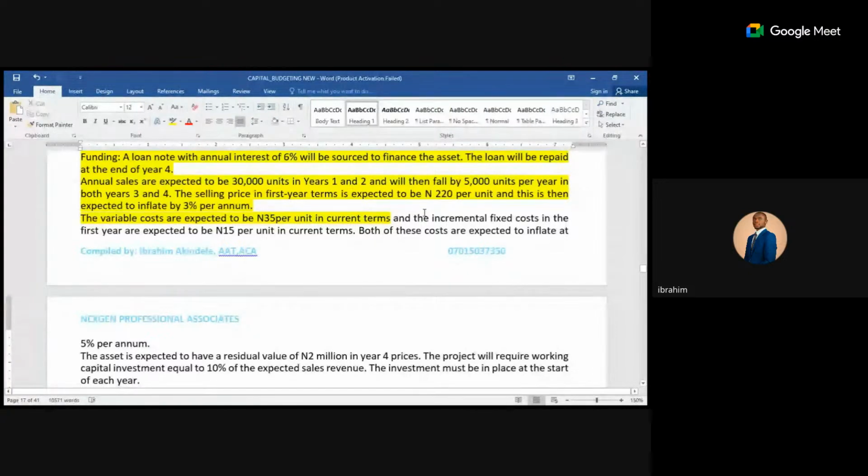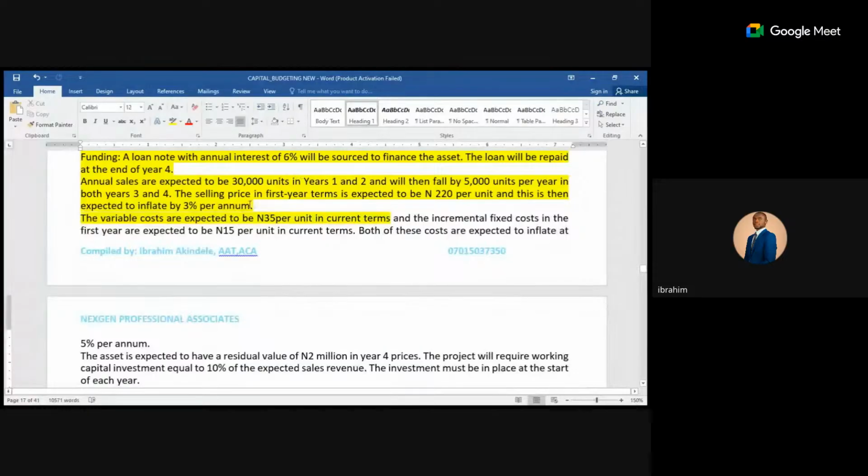I think the question is trying to test your knowledge on whether you understand when it is in real terms, in real cash flow. Please go back to that note where I state that when they say something is in current, it means that it has year zero. So immediately after year zero, you start to inflate it.